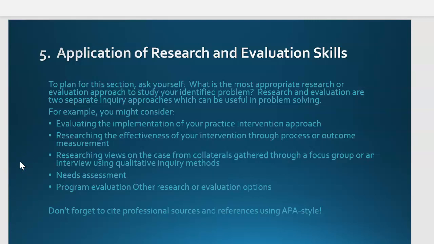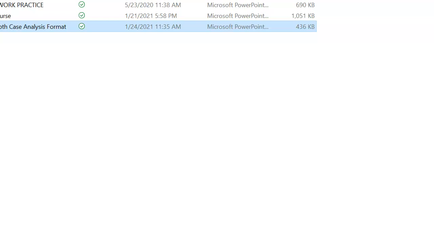Don't forget to cite your professional sources and references. For example, maybe your research textbook might be helpful. Now let's look at the next slide that actually presents the required content.